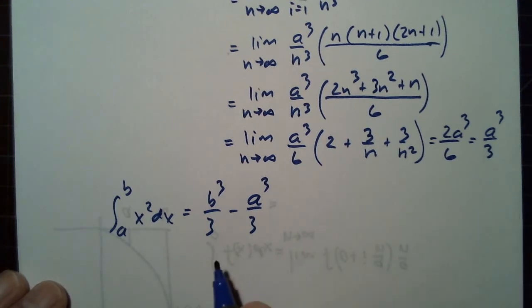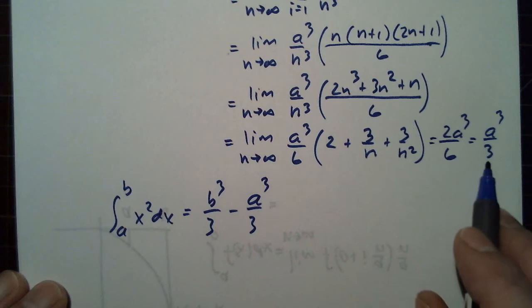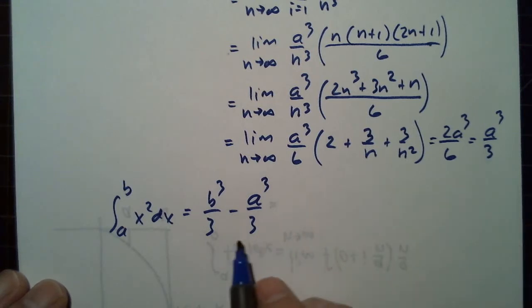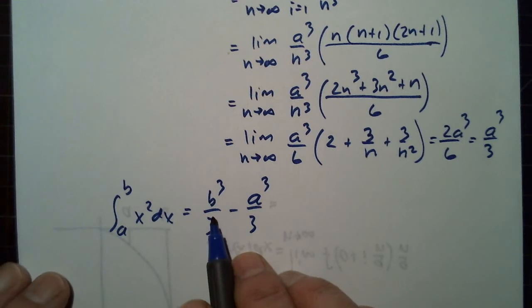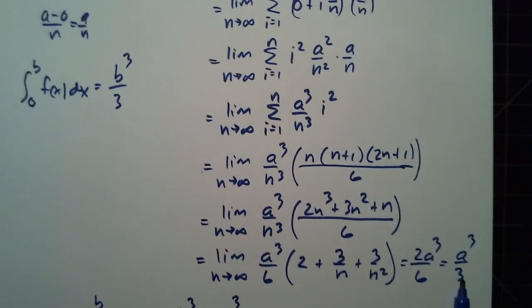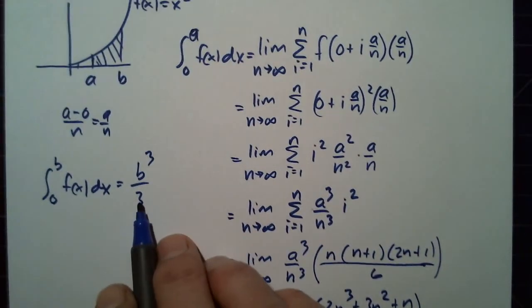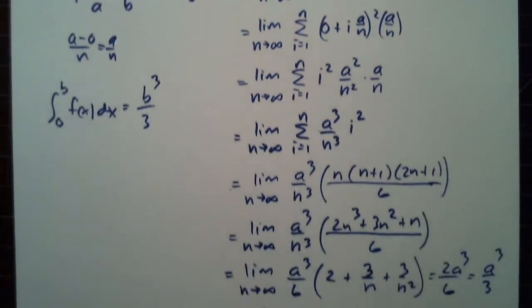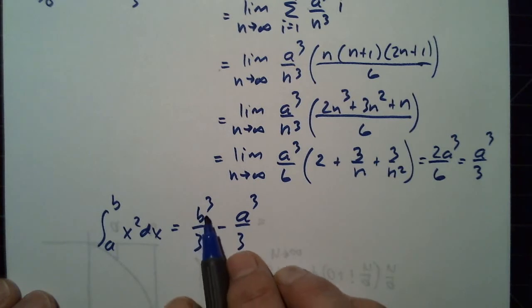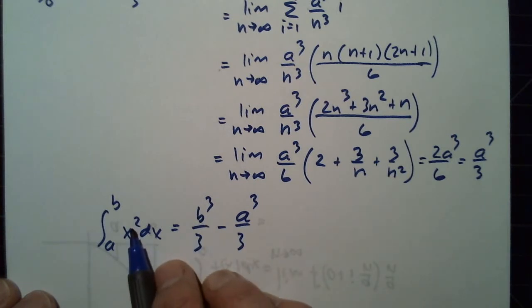Now, we just got this from our results here, but this is also pointing us to the fundamental theorem of calculus. Instead of writing it out like this, where I already calculated this area using limits, and then subtracted, let's see how b cubed is related to x squared.